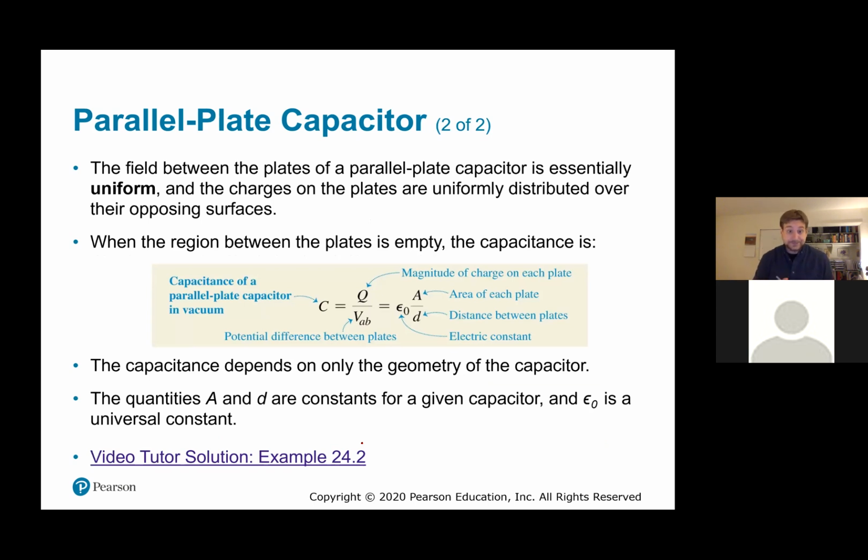And there it is. The cool thing about capacitance is that it depends only on the geometry of the plates themselves, and what's in the space between them. What is the permittivity of this space? What's the area? And what is the separation?